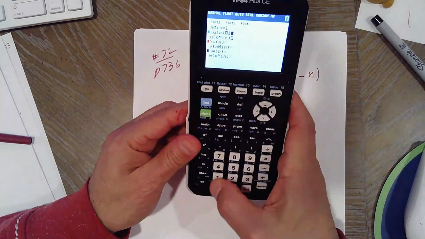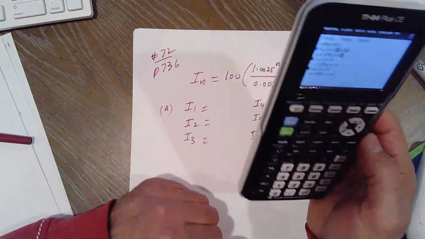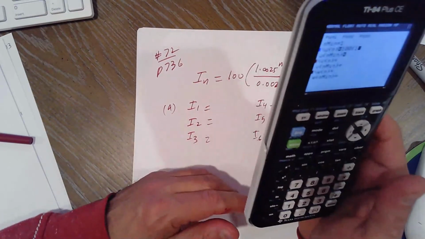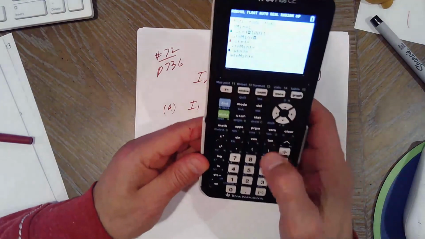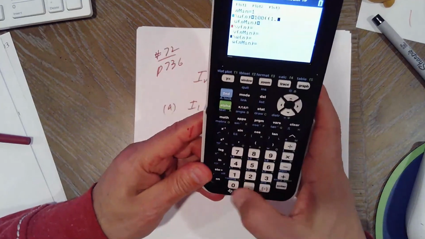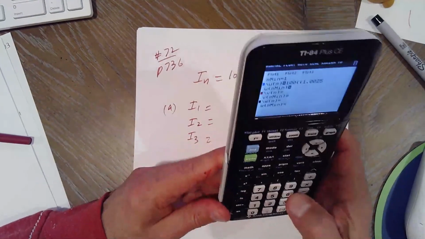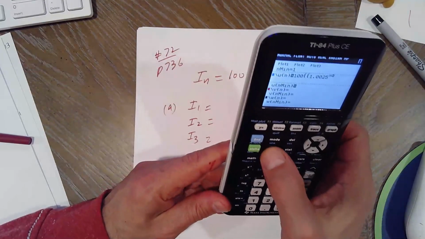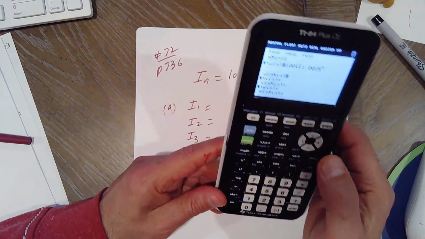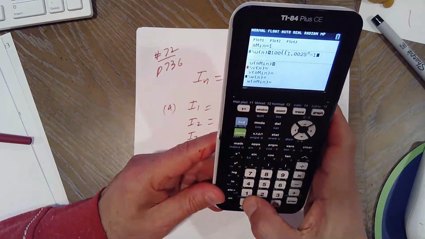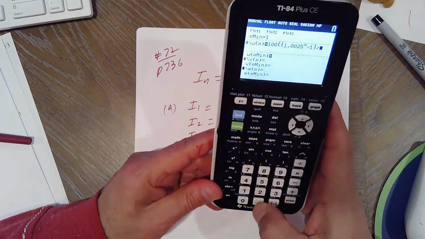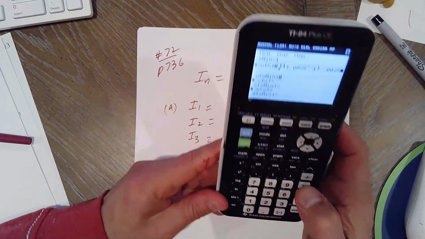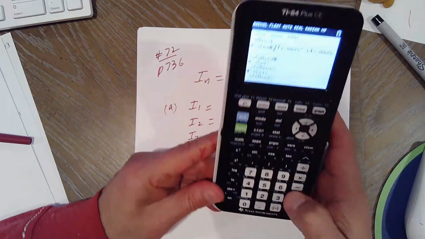So it's 100, then parentheses, 1.0025 to the power n, and then minus 1, divided by 0.0025, and then minus n.